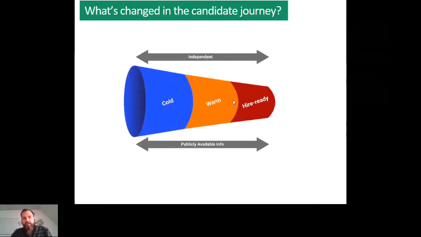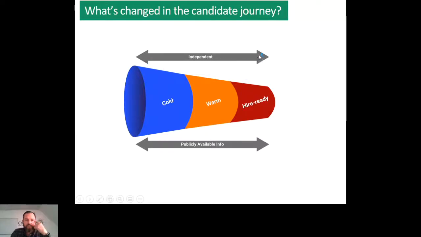So another thing that's really important to understand about the way the candidate journeys have changed is that candidates can go from being cold through to warm, through to hire ready on their own. When I started in recruitment in 1999, they could go from cold to maybe warm, maybe starting to understand about opportunities, but then they had to talk to a recruiter to get a lot more information.